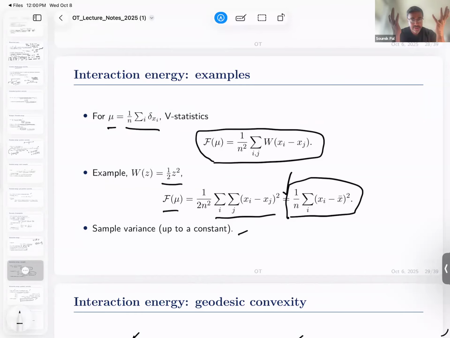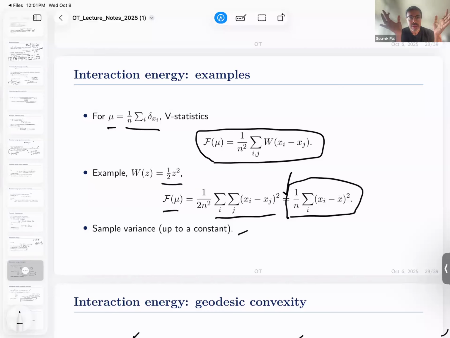What's your natural guess? I'll show the natural guess. With 70% chance it's wrong, 30% chance it's correct. But what is your natural guess? Okay, so hopefully I'm not in the 30%, but I'm guessing maybe W has to be strictly convex. Right, so that's your natural guess, that if W is strictly convex, your interaction energy would also be strictly convex.